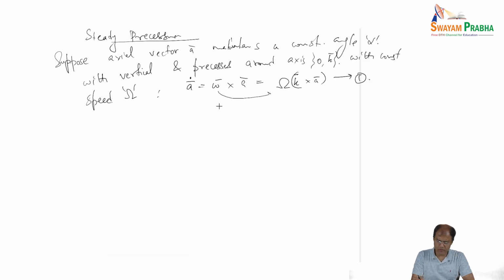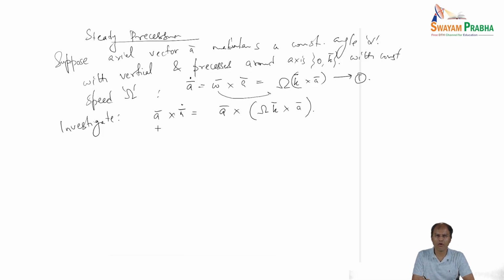And now suppose we integrate this equation, to investigate whether the steady precession occurs. So we see that A cross A dot is also equal to A cross omega K cross A, right?